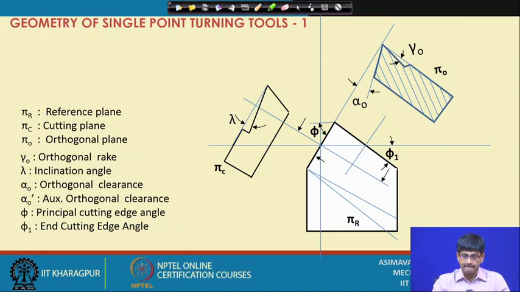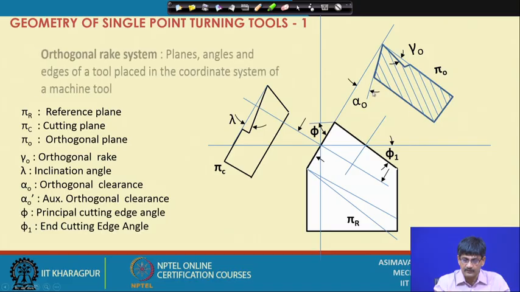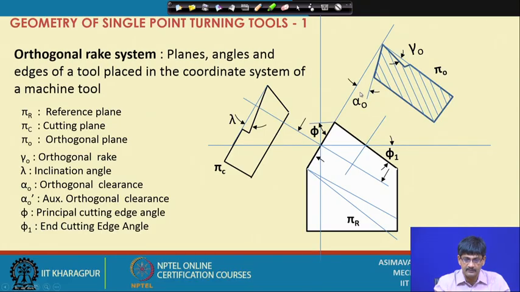In the same way, the same section will be producing a relation between the clearance angle, the relation between the principal flank and the cutting plane, measured in the orthogonal plane once again.